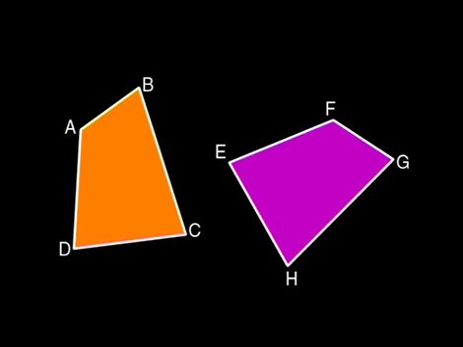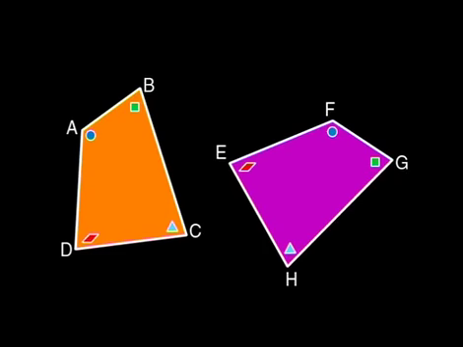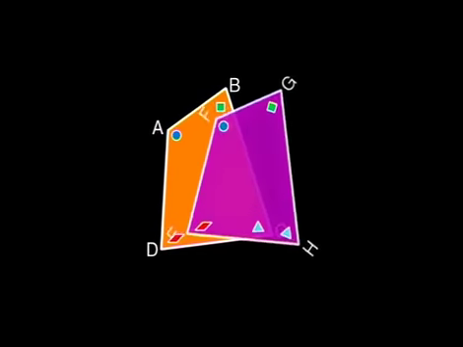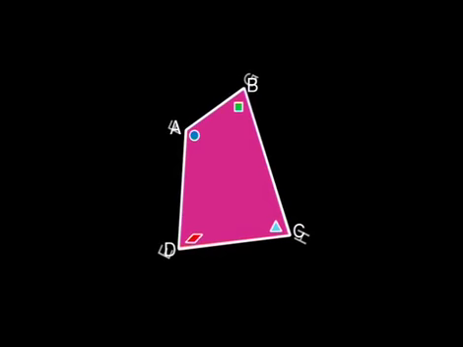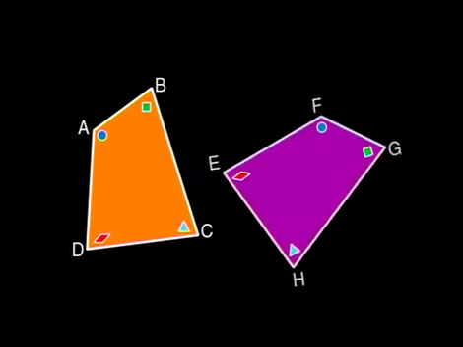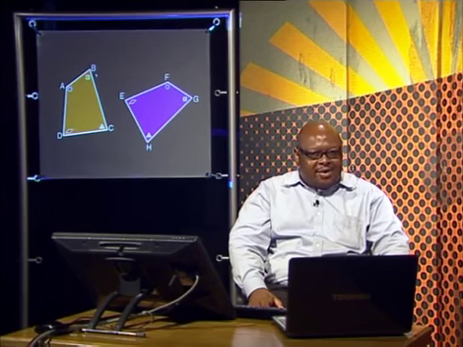It looks like angle A equals angle F, angle B equals angle G, angle C equals angle H, and angle D equals angle E. Let's check that quickly. Well done, Kanya. So even though the orientation of the two shapes is not the same, they are identical in every other way.